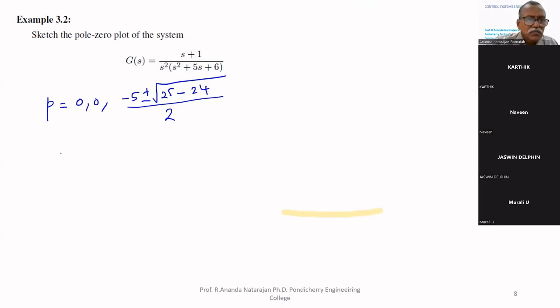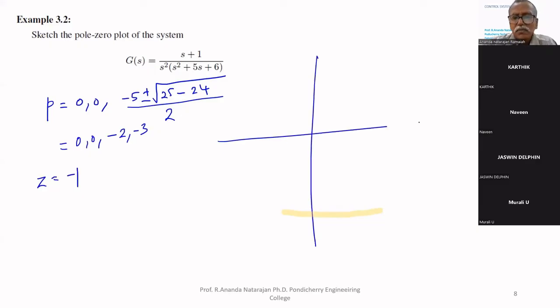So what are the poles? 0, 0, minus 2, minus 3. Zeros are -1. So what is the plot?